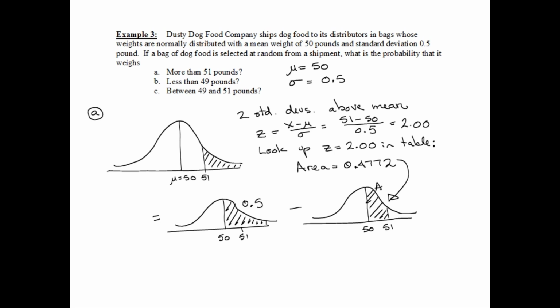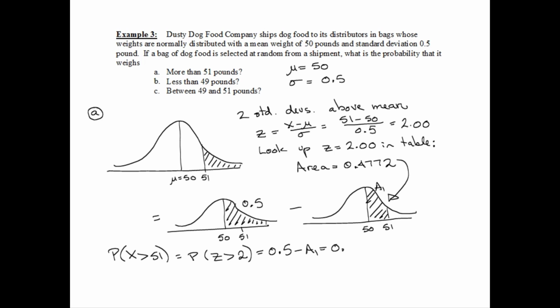We'll call that A1. And so my probability that x is more than 51 pounds, that's going to be the probability that z is more than 2, meaning I'm more than 2 standard deviations above the mean. And so that's going to be 0.5 minus A1.